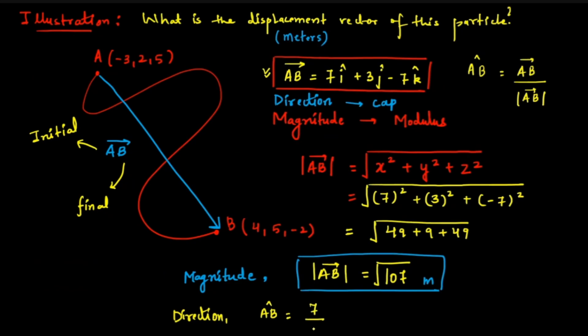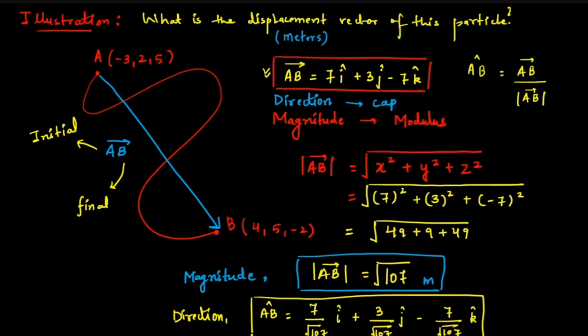So it should be 7 by 107 I cap plus 3 by 107 J cap minus 7 by again 107 K cap. So this is how the direction of any given vector is calculated.